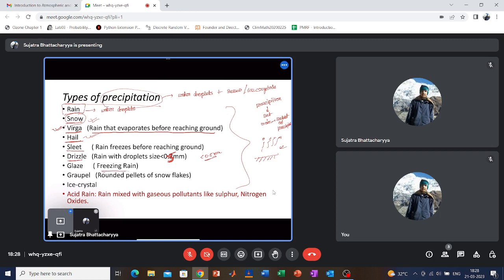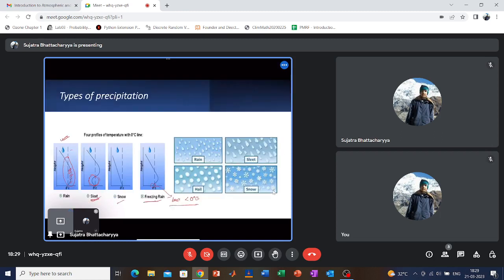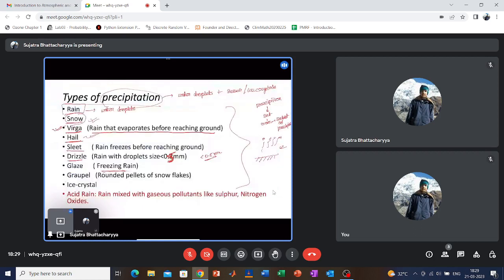Next is glaze. This freezing rain, I have already told, occurs when very close to the ground the temperature is below 0 degrees Celsius. That's why when the rain falls, it freezes immediately. Next is graupel. What is graupel? It's just rounded snowflakes which fall to the ground.